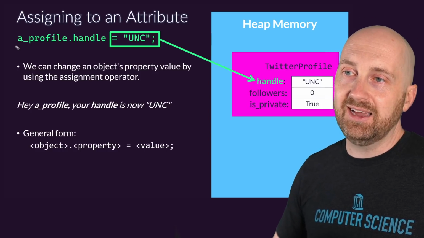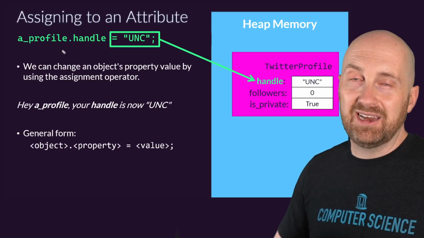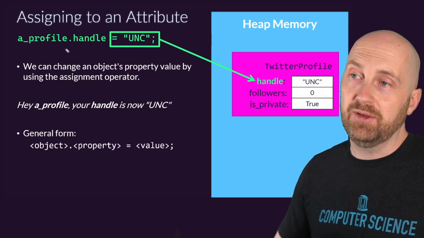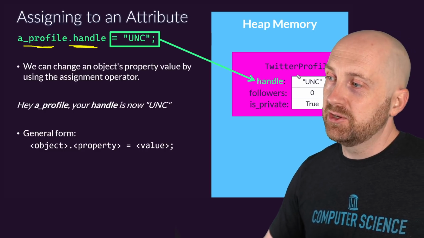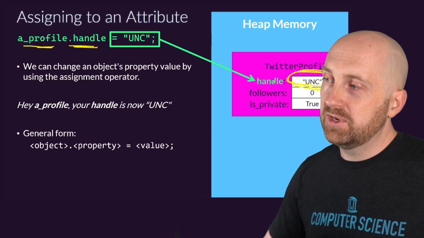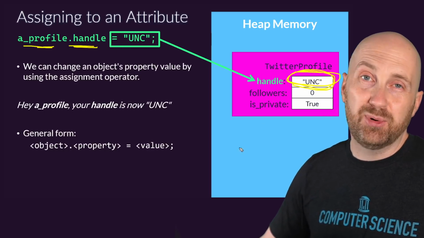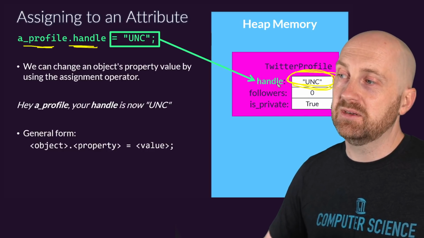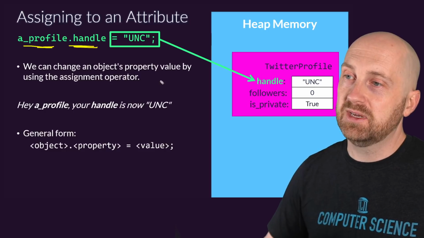And notice that on the left-hand side of the assignment operator, we are directing where we want this assignment to happen. So this left-hand side value is a profile.handle. So we're saying we want whatever is on the right-hand side of this assignment operator to overwrite the previous value that was stored or bound to this particular attribute in our object.